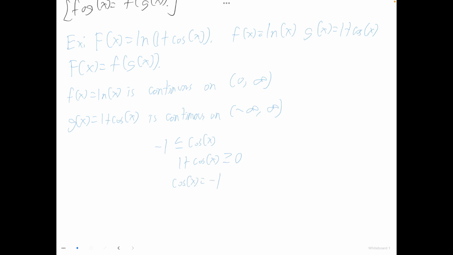Well, we know cosine of x is negative 1 at plus or minus pi, plus or minus 3 pi, plus or minus 5 pi. It's just all odd multiples of pi.